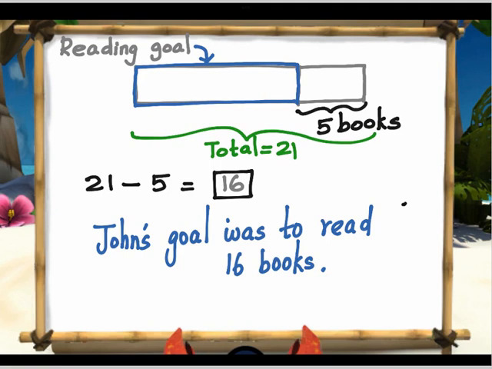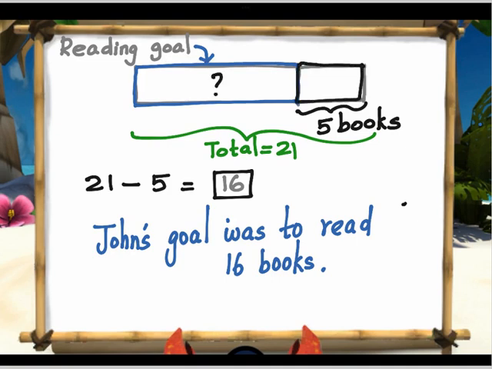So in this question, if you know the total length and one part of it, so you know the total as well as one part of it, then you can subtract and find out the other part, right? So you know this total, and also you know one part of it.